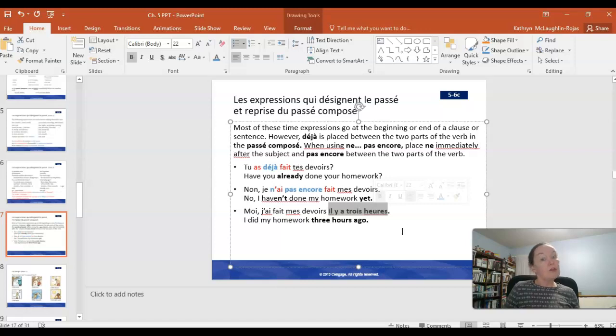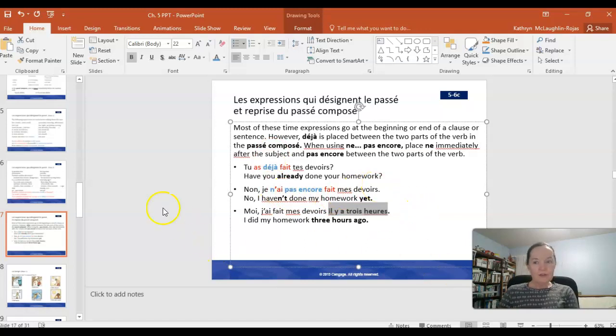I did my homework 3 hours ago. Or I could say also, il y a 3 heures, j'ai fait mes devoirs. And we could do the same thing in English. 3 hours ago, I did my homework, or I did my homework 3 hours ago. So some of these expressions are very movable. Others have a specific fixed place in their sentence, as we see with déjà and ne pas encore.